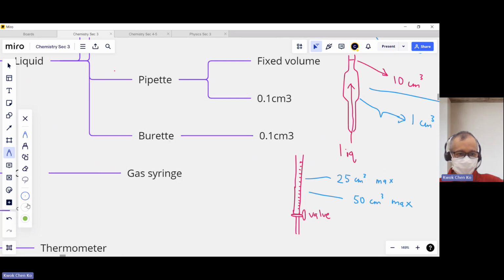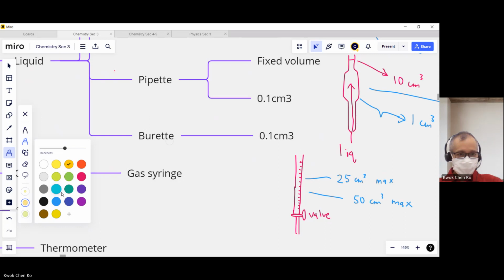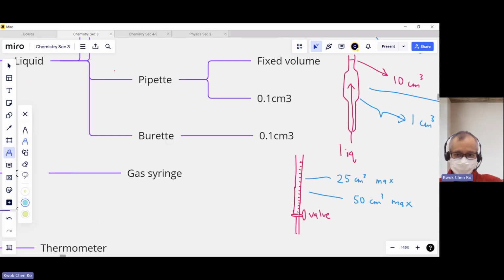So how it works is this. When I use a burette, I'm going to fill this up, but not exactly to the mark, I fill this up higher than the mark. And next, I open this valve. Now this valve has a position for fully open, and a position for fully closed.